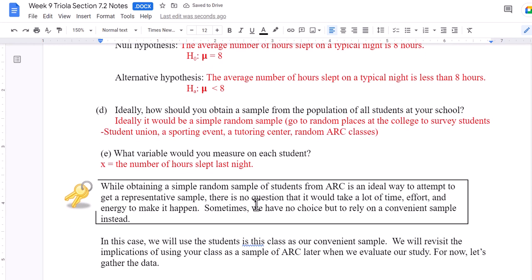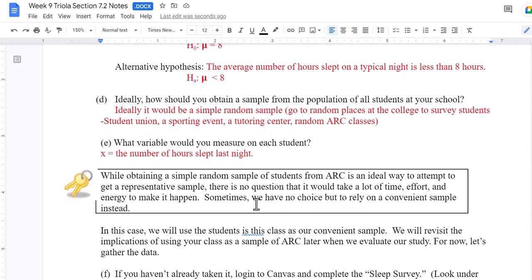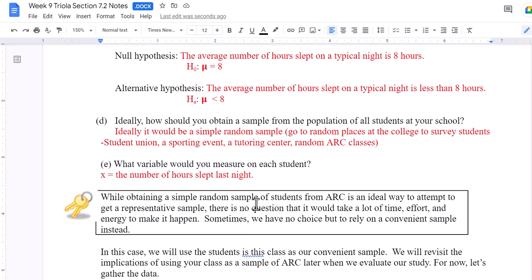While obtaining a simple random sample of students from ARC is an ideal way to attempt to get a representative sample, there is no question that it will take a lot of time, effort, and energy to make that happen. Sometimes we have no choice but to rely on a convenient sample instead.